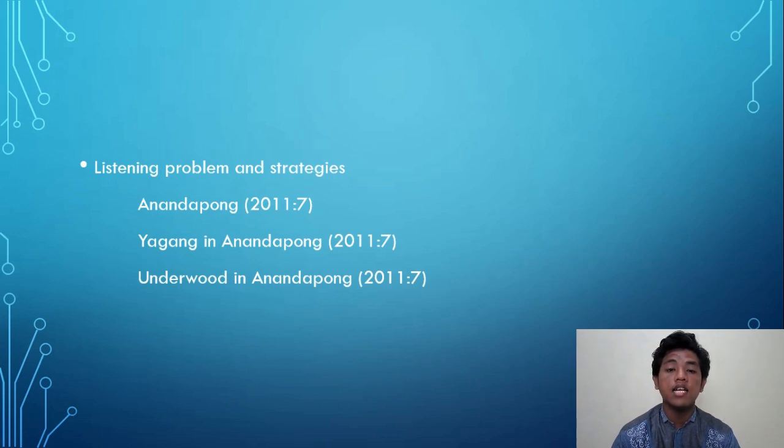Underwood in Anandapong in 2011, page 7, pointed out another kind of problem related to the students themselves. She summarized that learners have to establish learning habits, in the sense that they were encouraged to listen carefully to teachers who probably speak slowly and clearly.